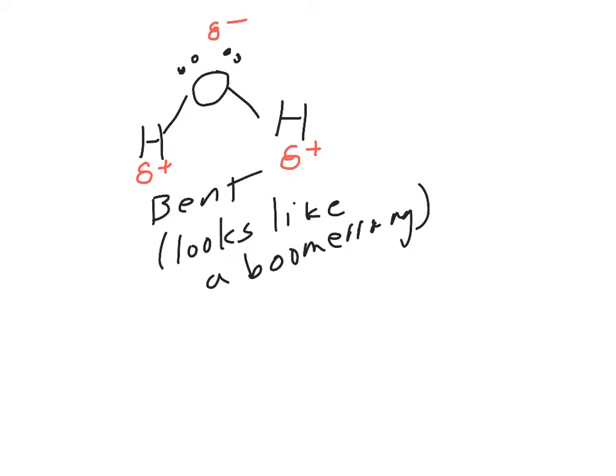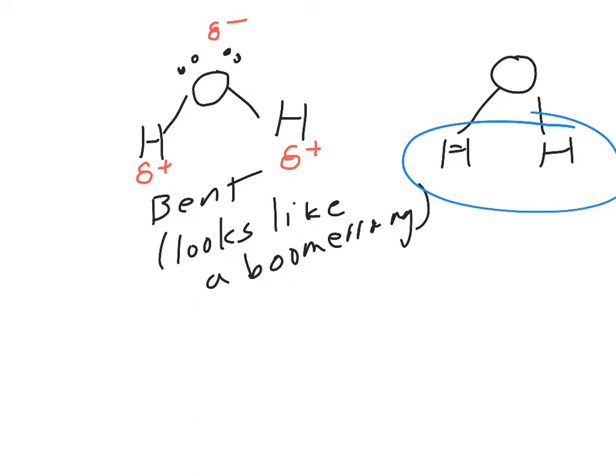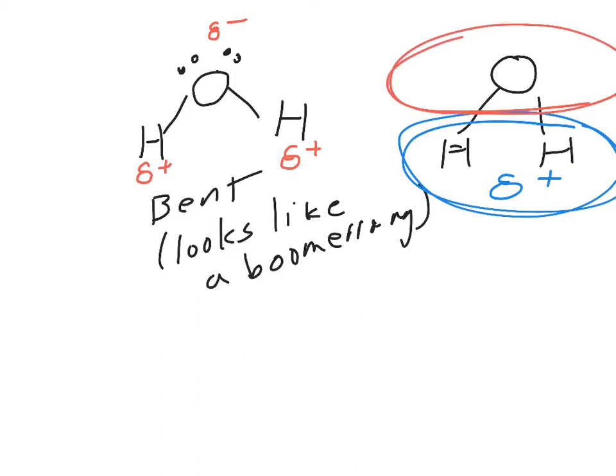When we do that with water, we can see that water has two distinct areas. It has an area down here where we have a partial positive charge, and another area up here where we have a partial negative charge.